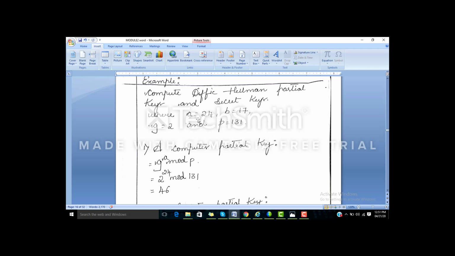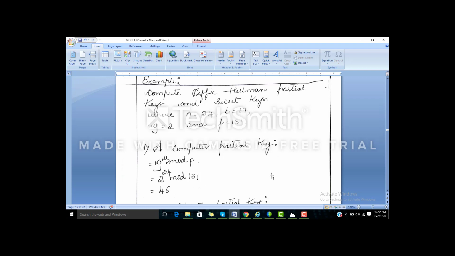As we all know, a is the random number created by party A, and b is the random number created by party B. Similarly, we get the value of base G, which is 2, which will be helpful for calculating the partial key. Similarly, P is given, which is 131.